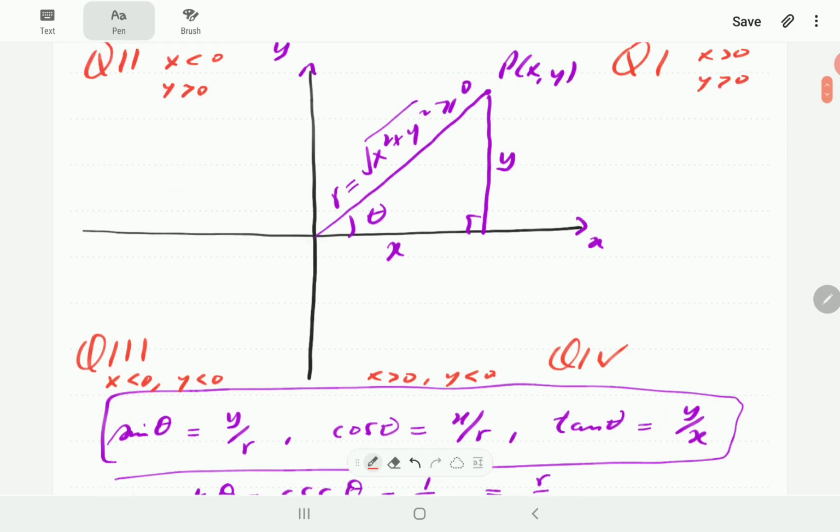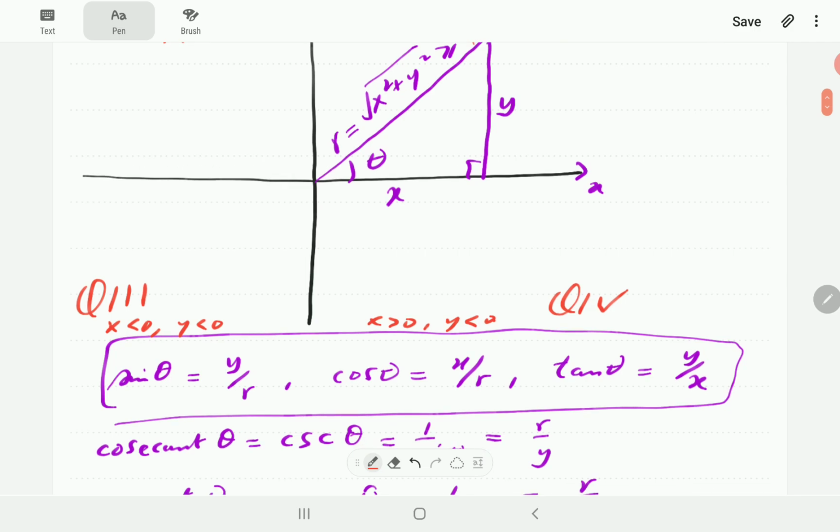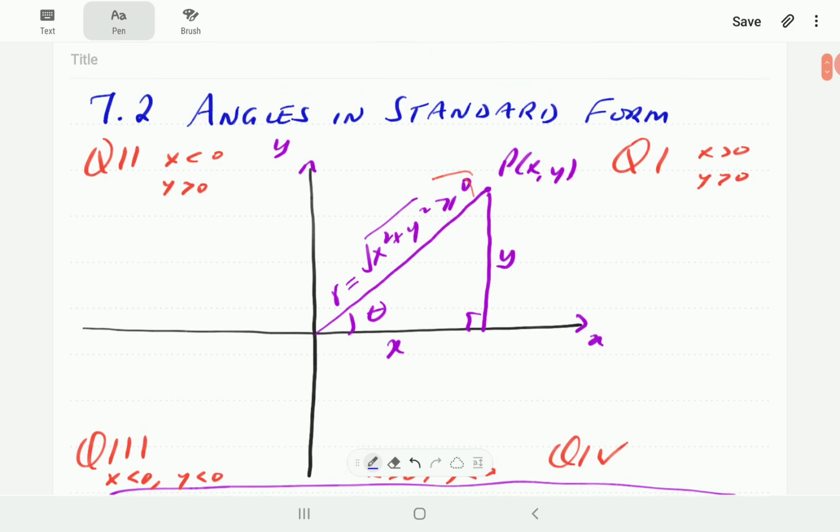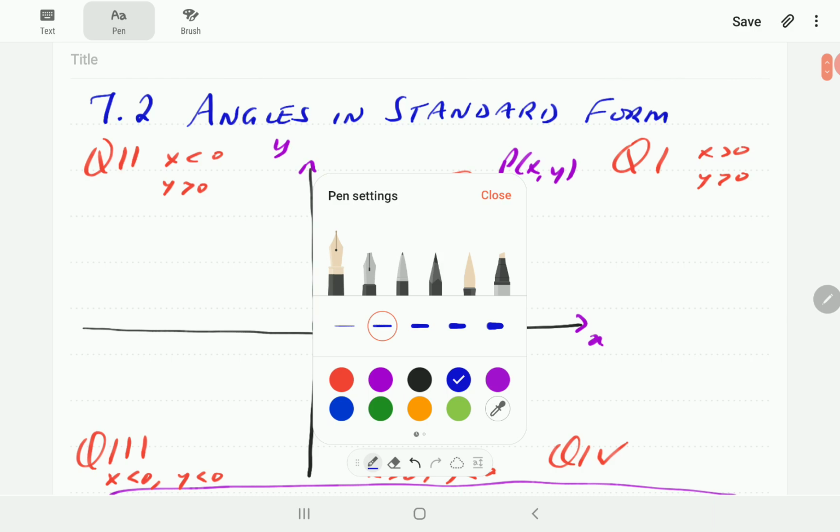Now remember that we said r is always positive. So in the first quadrant, all of these ratios are going to be positive. So we're going to write all positive there.